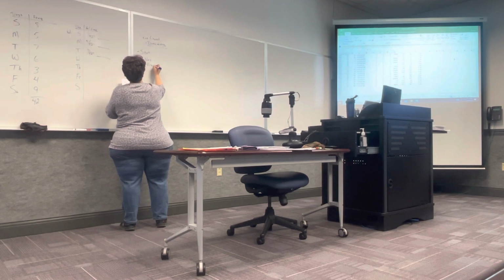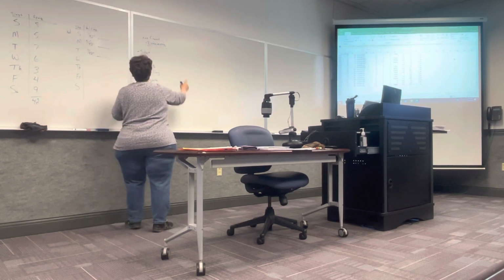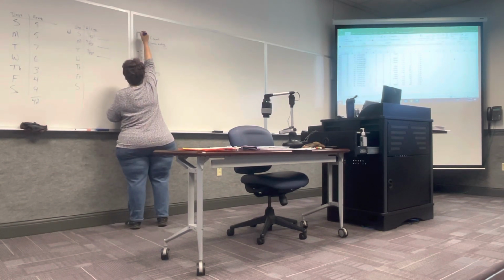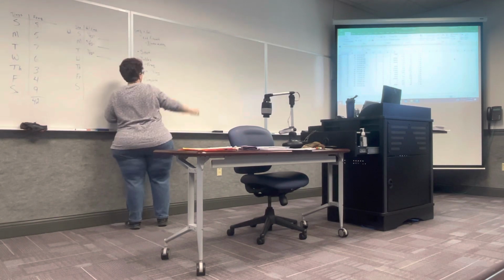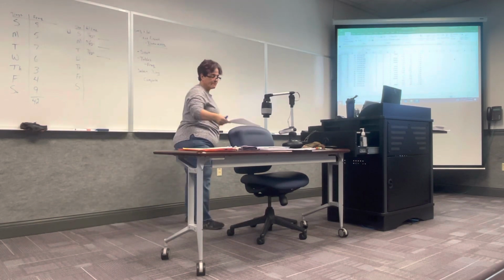We'll make sure frequency is selected. Select day, you'll see here in just a minute, and then compute. Now, the difference between a frequency table and a relative frequency table, I'll show you here in a moment. It's one step.